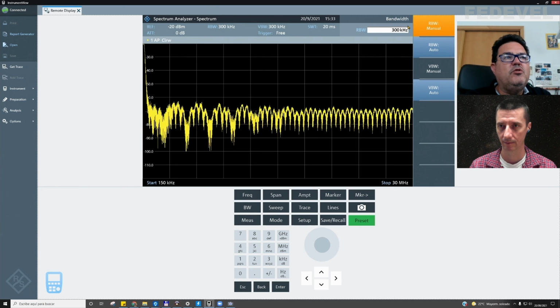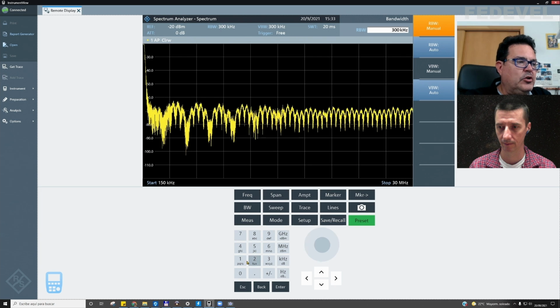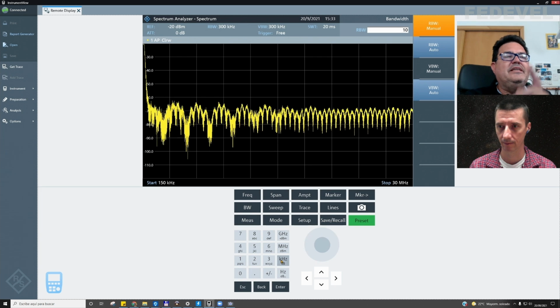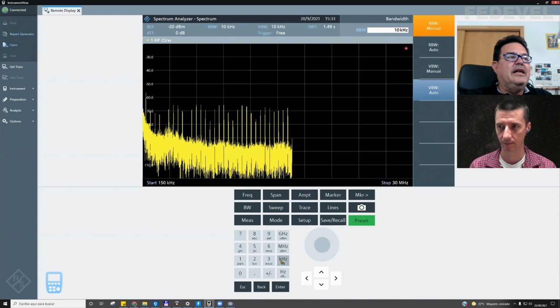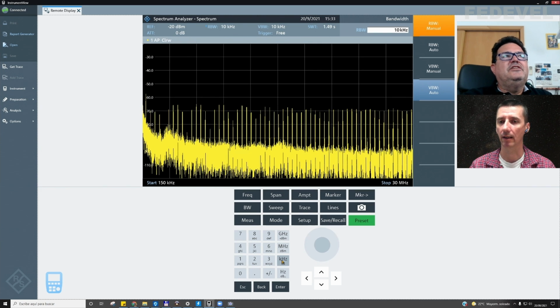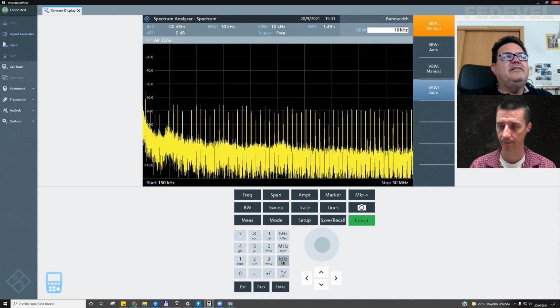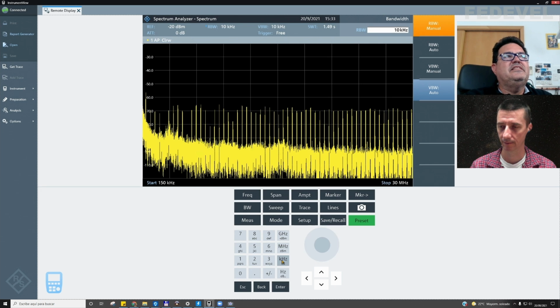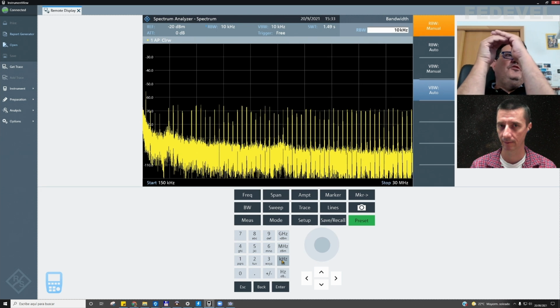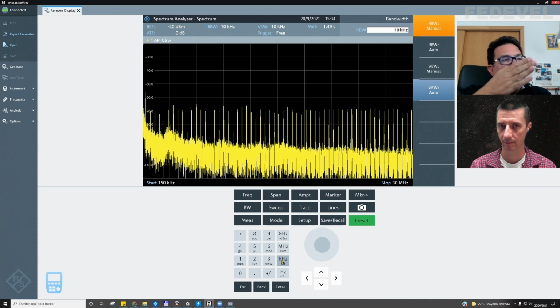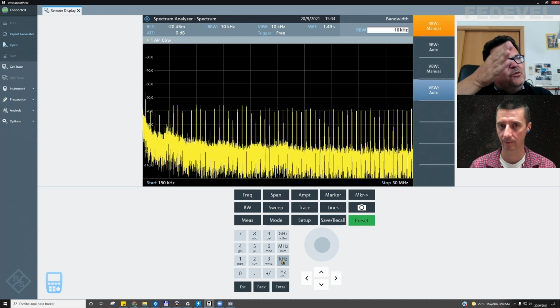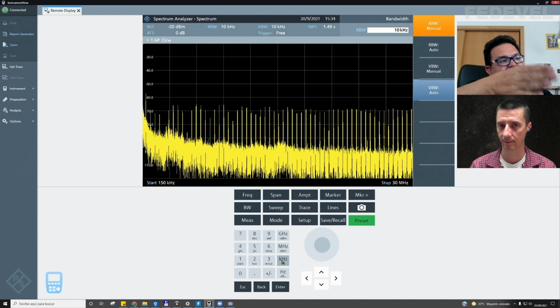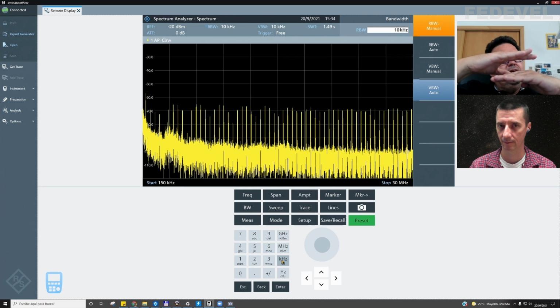If I reduce the resolution bandwidth, for example to 10 kilohertz, look at this. The signal changes, but it is the same peak. You can see that the peak of the signal is exactly the same, but because I have reduced the resolution bandwidth, I am able to identify what is below this filter. At the same time, the noise level is reduced.